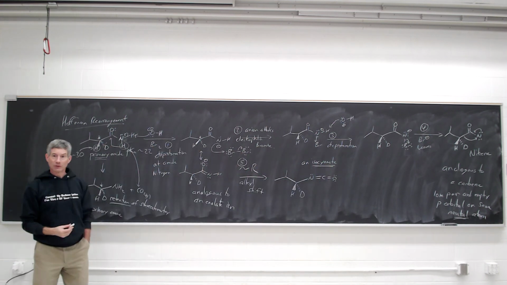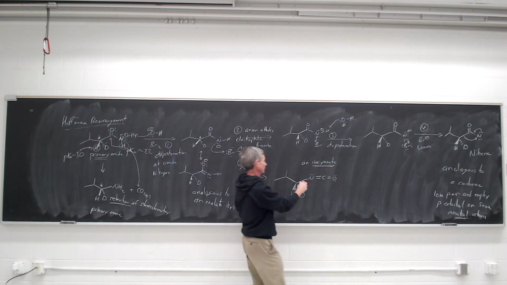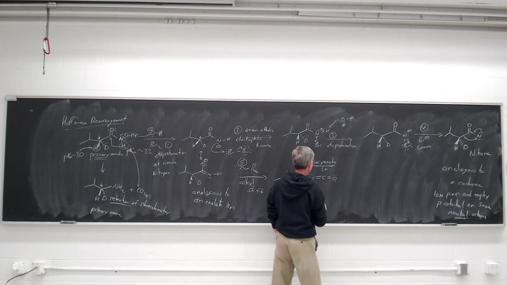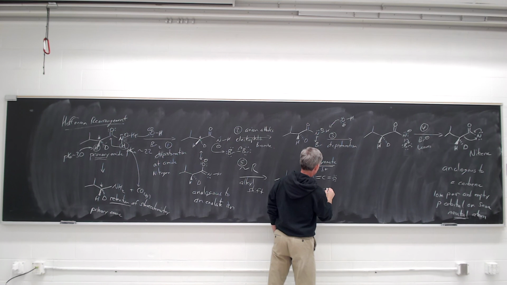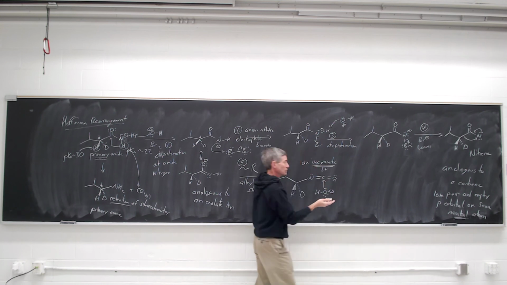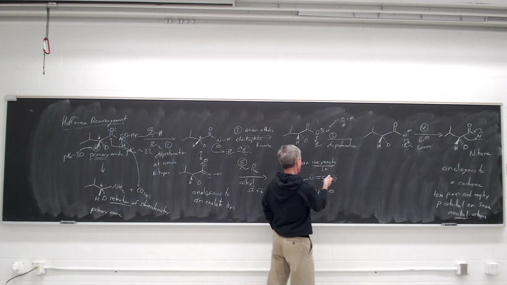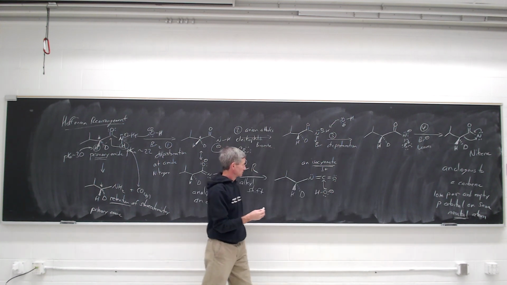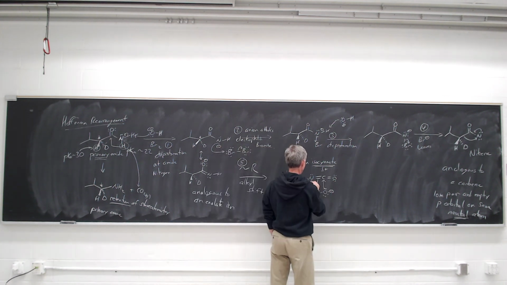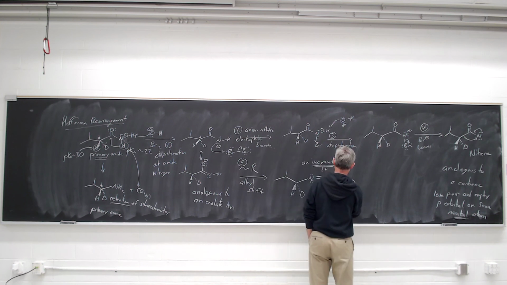The carbon that's between those two has a large partial positive charge on it and is then attacked by hydroxide ion. And you can push the pair of electrons onto either the nitrogen or the oxygen. Push it onto the nitrogen.